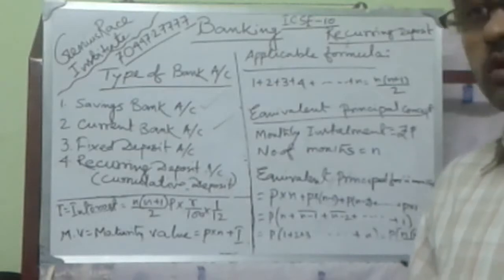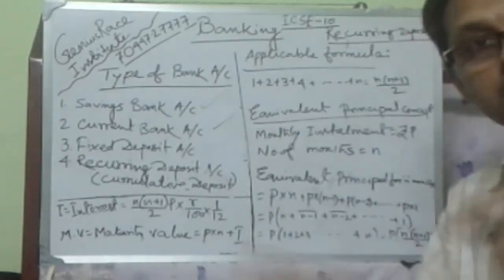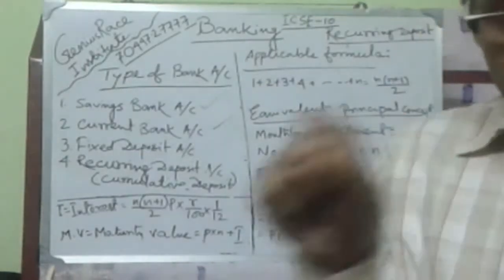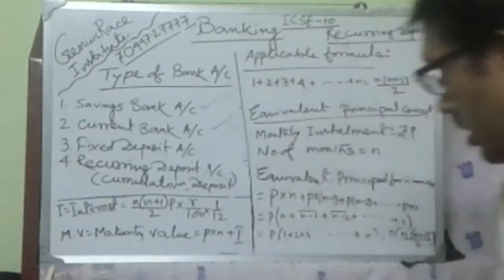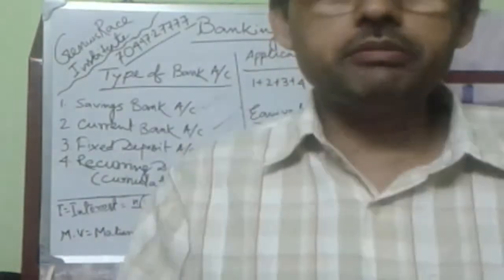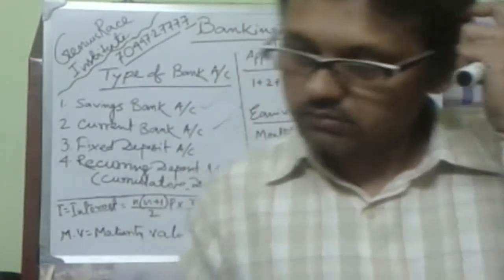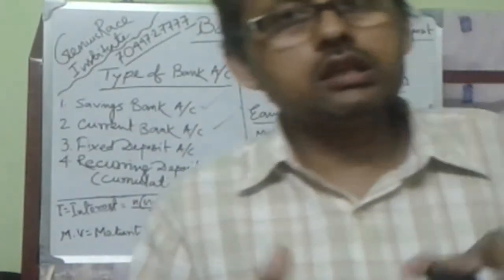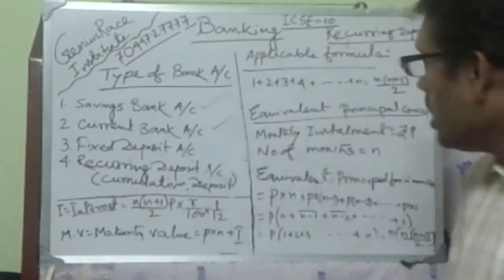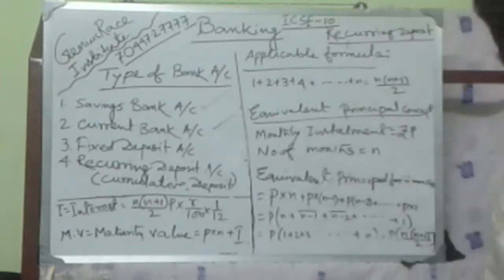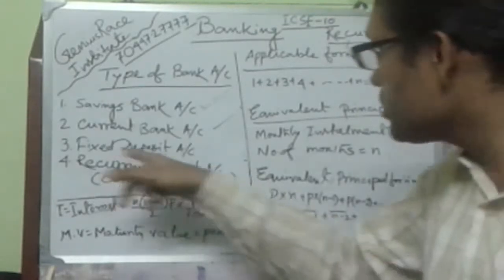At the end of the tenure, you get your principal plus the interest earned during this interval. But in between, if you want to break the account, then they will charge some penalty. Any individual or business person can use this fixed deposit account.